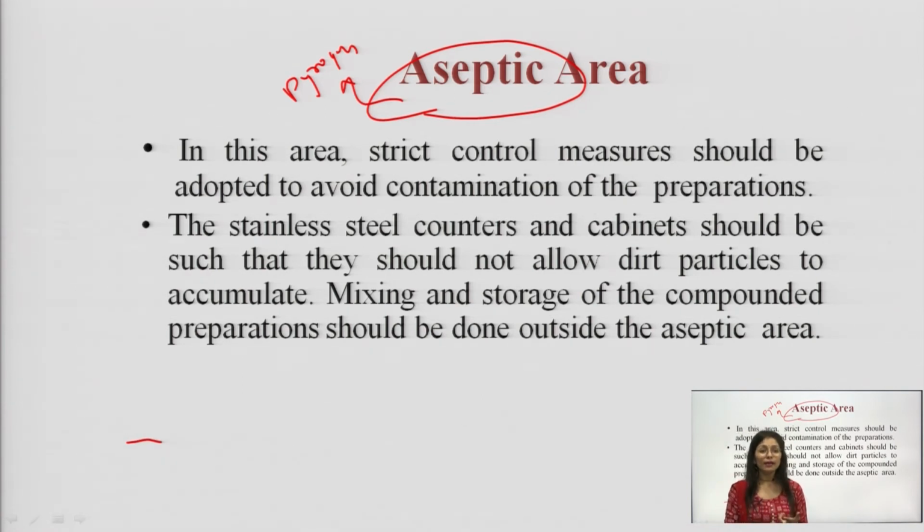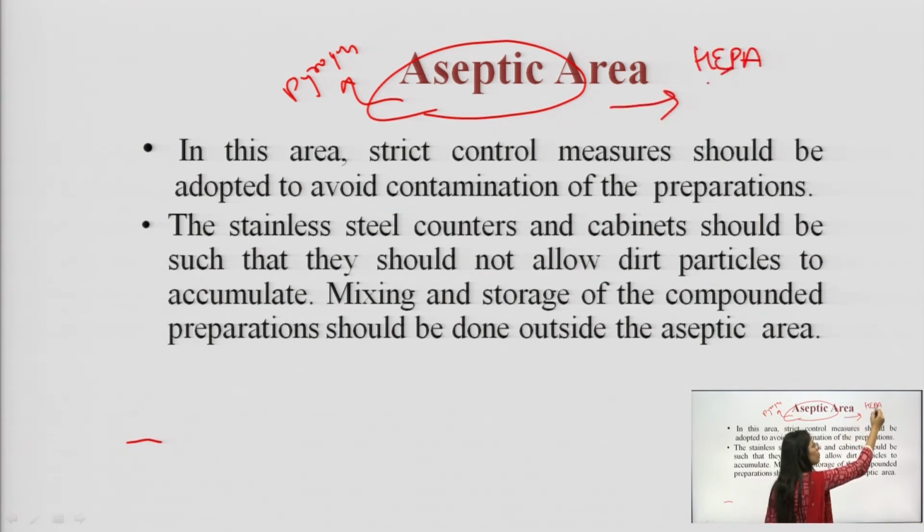It should be sterile enough. The HEPA filter would be placed inside it. Clean area, aseptic area, all these things are another section we are going to study. So, aseptic area is where we have HEPA filters. What is HEPA filter? It's basically high efficiency particulate air. What does HEPA filter do? It filters out all the room air, all the particulate air, and then it is incorporated inside the laminar airflow.